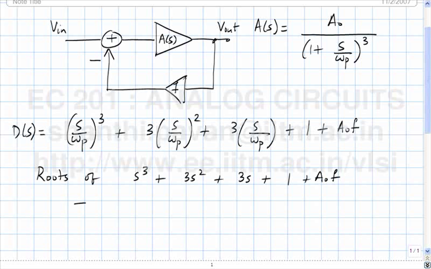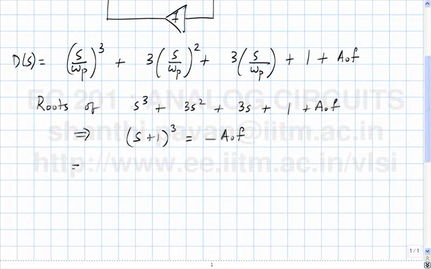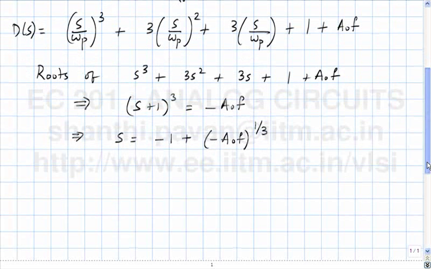And all of you readily saw that this can be written as S plus 1 the whole cube equals minus A naught F, which means that S must be equal to minus 1 plus minus A naught F the whole power 1/3. As an example, let's choose A naught F to be 8, in which case what happens?